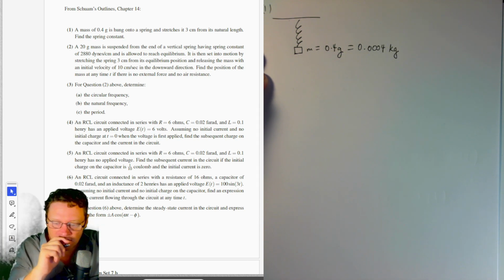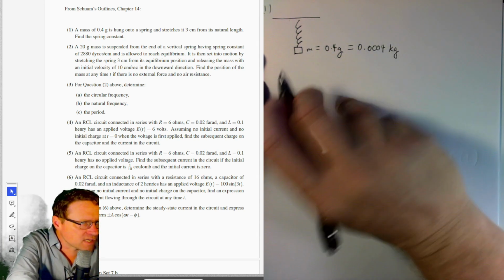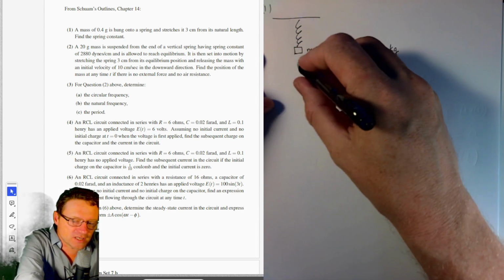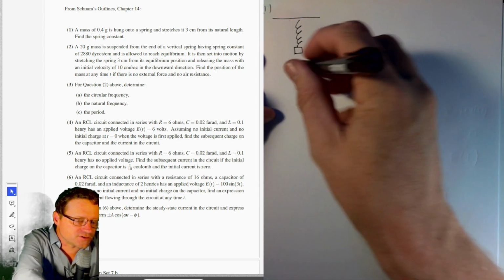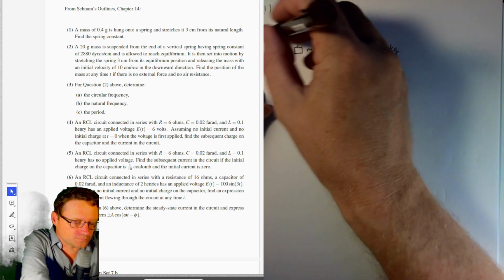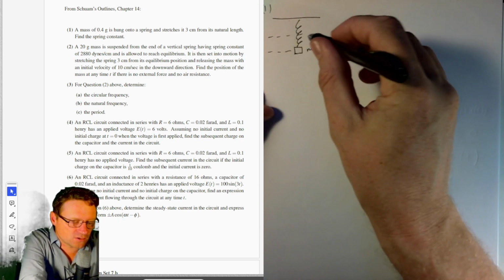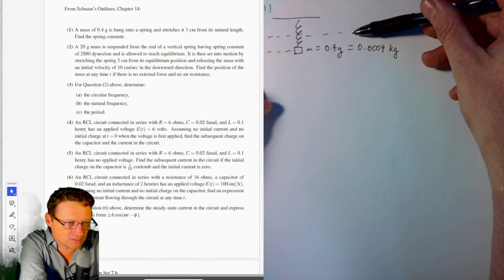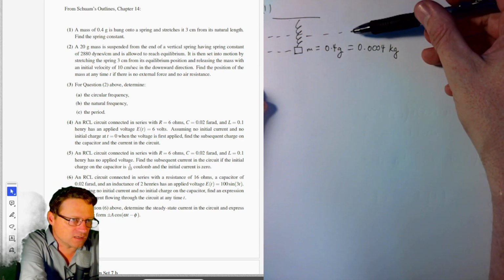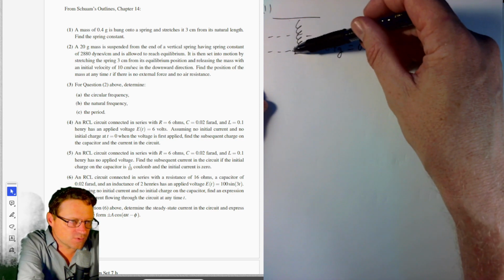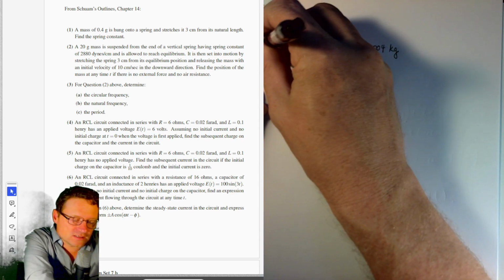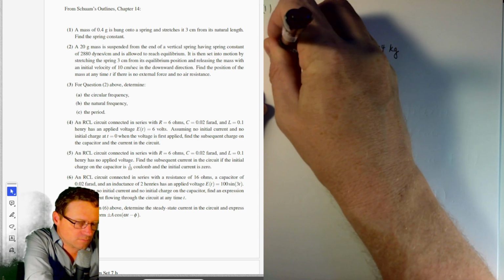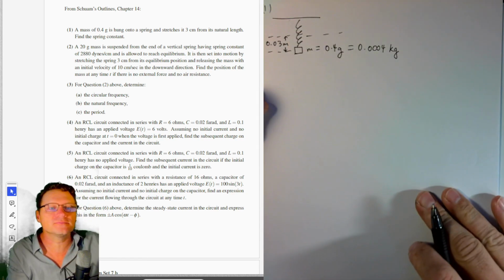All right, so now that we have that, let's keep reading. It's hung on a spring and it stretches 3 centimeters from its natural length. Okay, so if this here, where I've put the dotted lines above, is the natural length in the absence of gravity, then this is 3 centimeters, which is 0.03 meters. Again, in SI units.